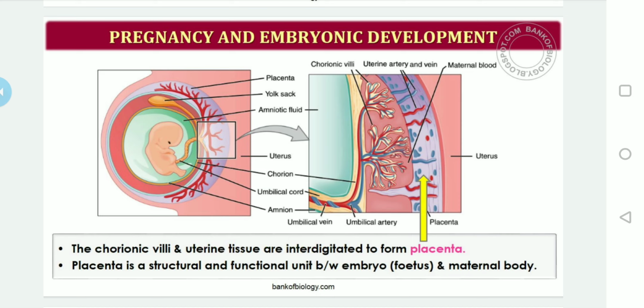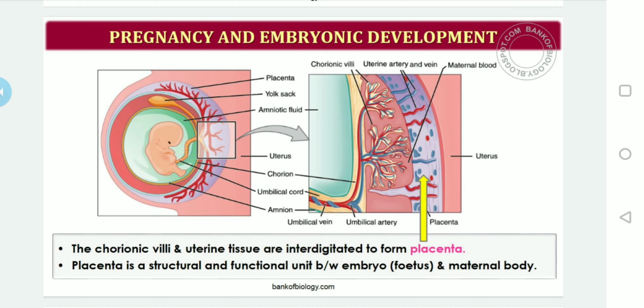The chorionic villi and uterine tissue become interdigitated with each other and jointly form the structural and functional unit between the developing embryo, which we can call the fetus, and the maternal body, called the placenta. So here is how exactly the formation of the placenta happens.